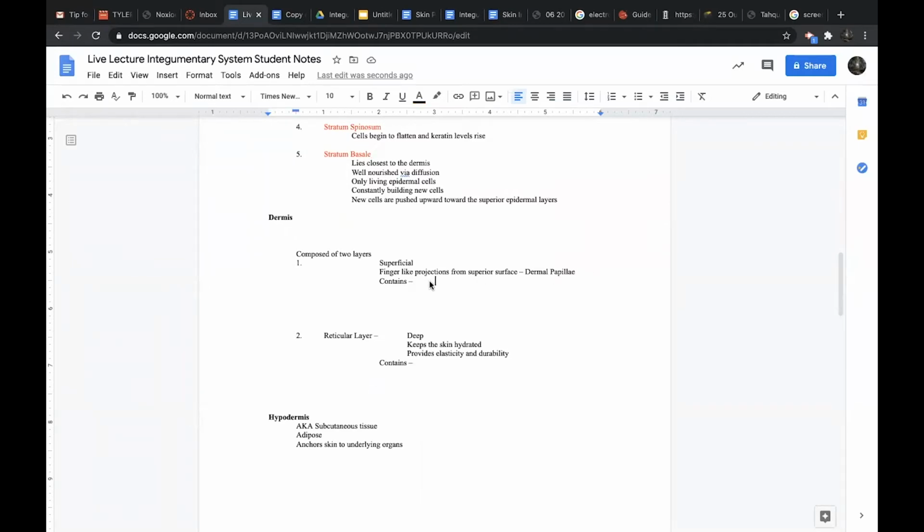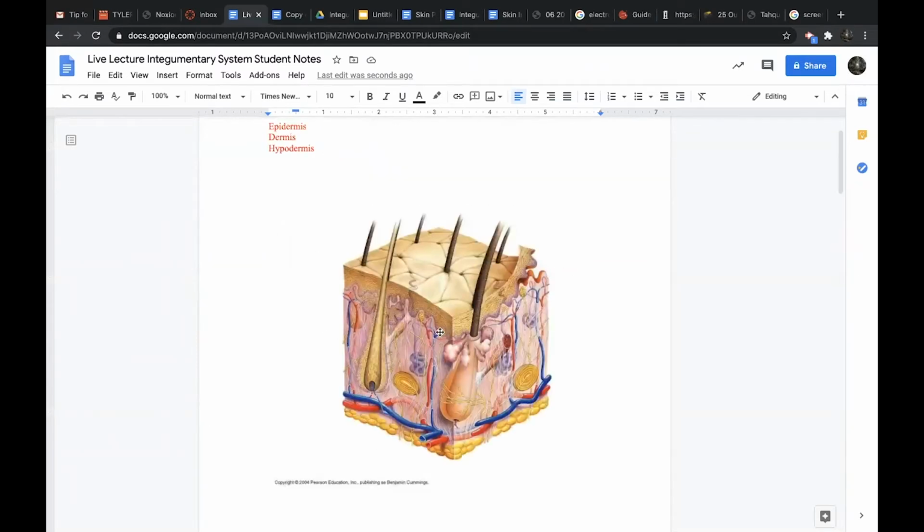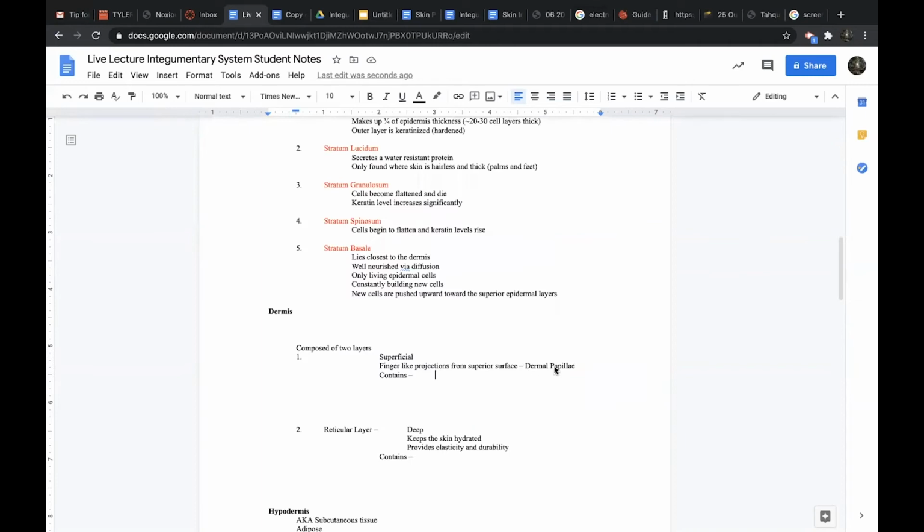The first layer of the dermis, the top layer, the most superficial, has these finger-like projections from the superior surface. That's these wiggly parts. And those are from free nerve endings.